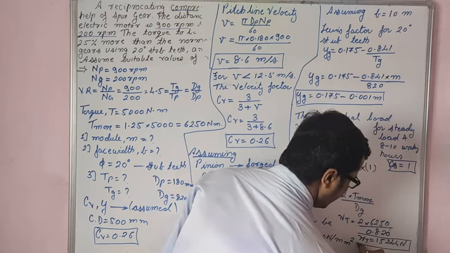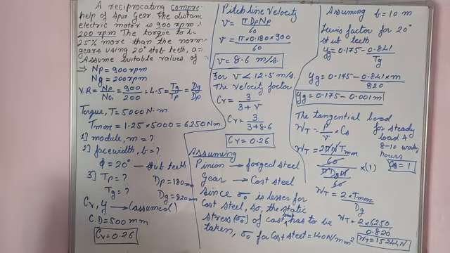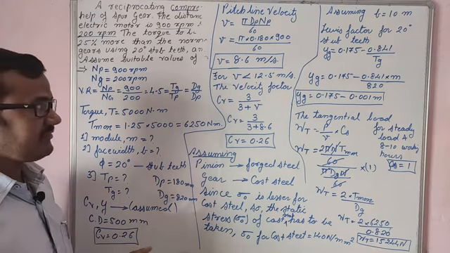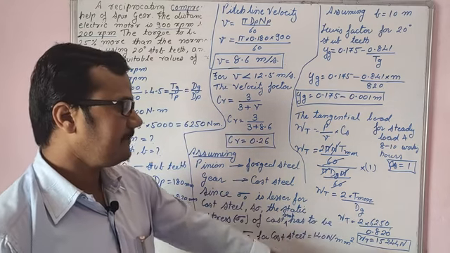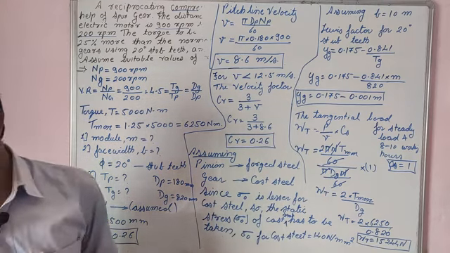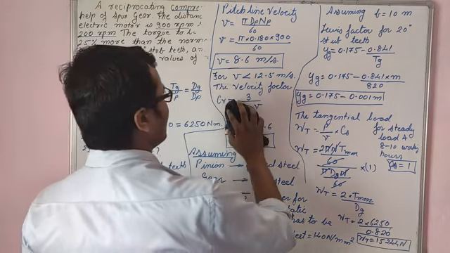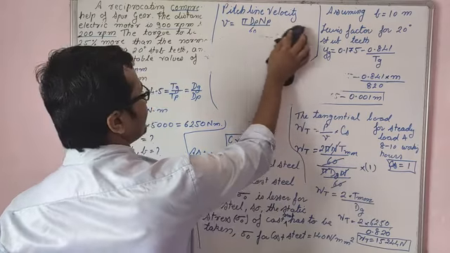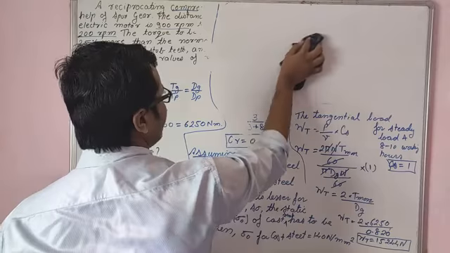Okay, so we have the value of Wt, and we now have everything we require. Can we use the Lewis form factor to find the module? Now move forward and find the value of module by using the Lewis equation.